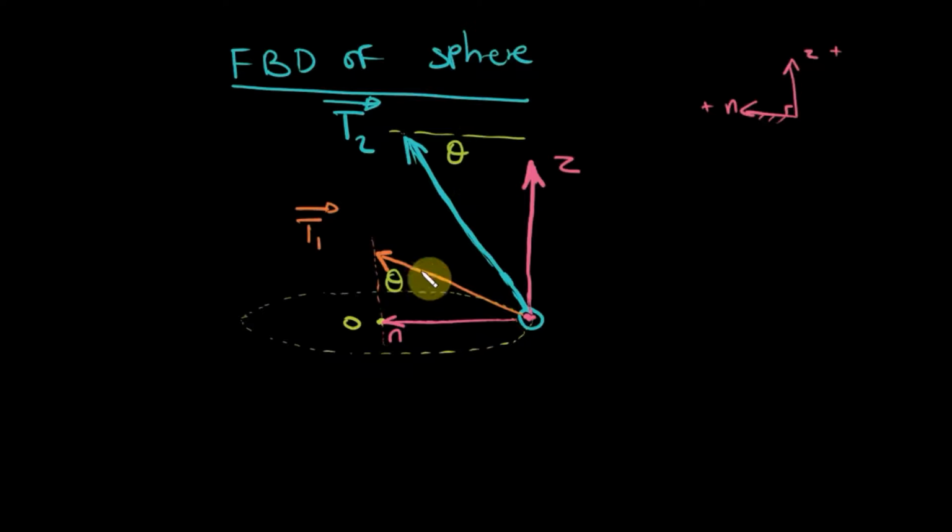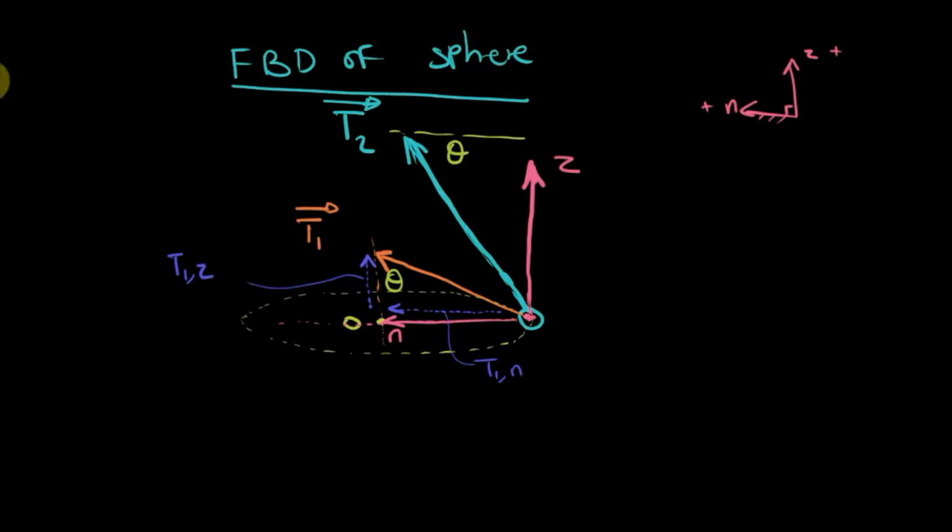Now we can break these guys into components. We have this component, the normal component for T1, and we also have a Z component for T1. Let's call this component T1Z, and let's call this one T1N.